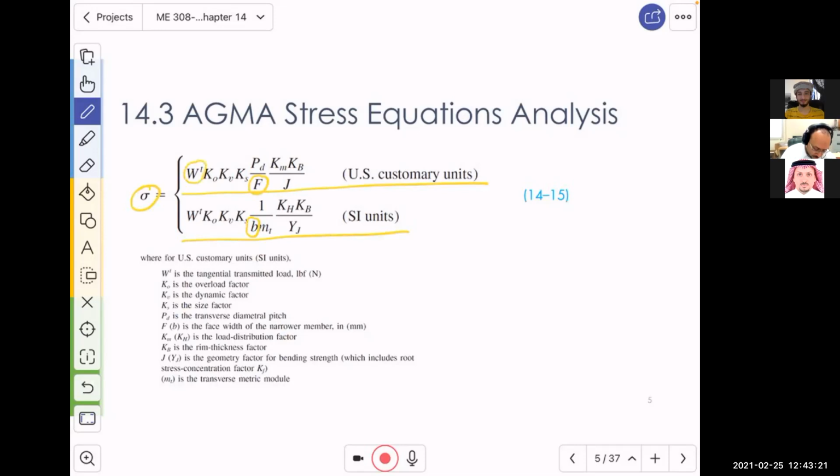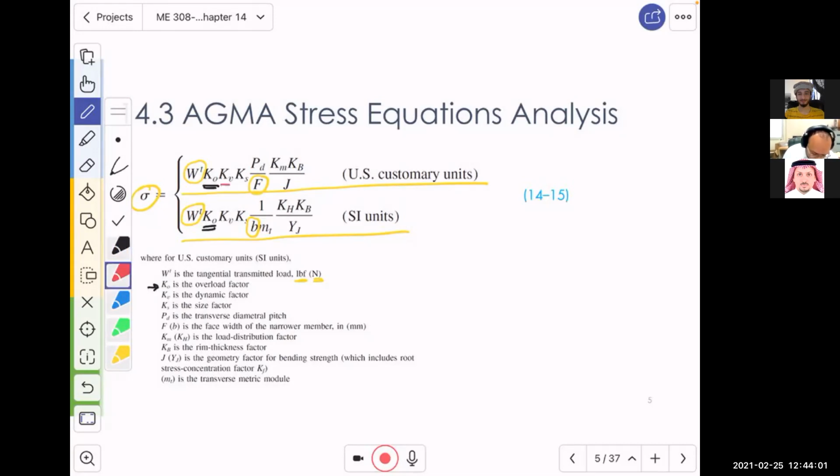The first one is Wt. The Wt is the transmitted load, and it is either in pound force or in newtons. Good. Then the next one is Ko. Ko is the overload factor, a factor that was designed to elevate the state of stress, based on the fact that there are instances of overloading while the gear is in operation.